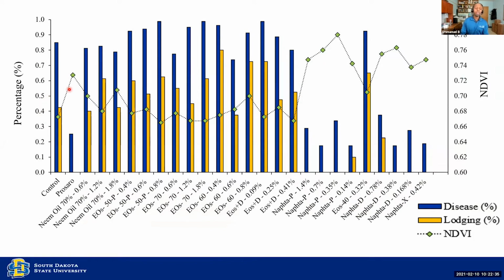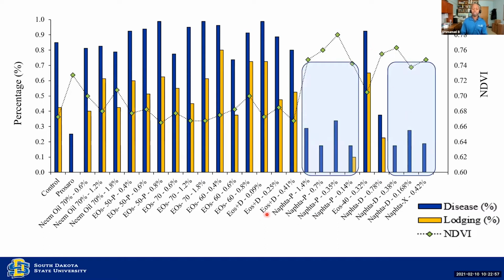The linear graph is showing the greenness of the plots, or NDVI. As you can see, the plots that had a lot of disease also ended up lodging, and I'll show you some pictures. The plots that didn't have a lot of disease and didn't have lodging, the greenness was pretty high in those plots.